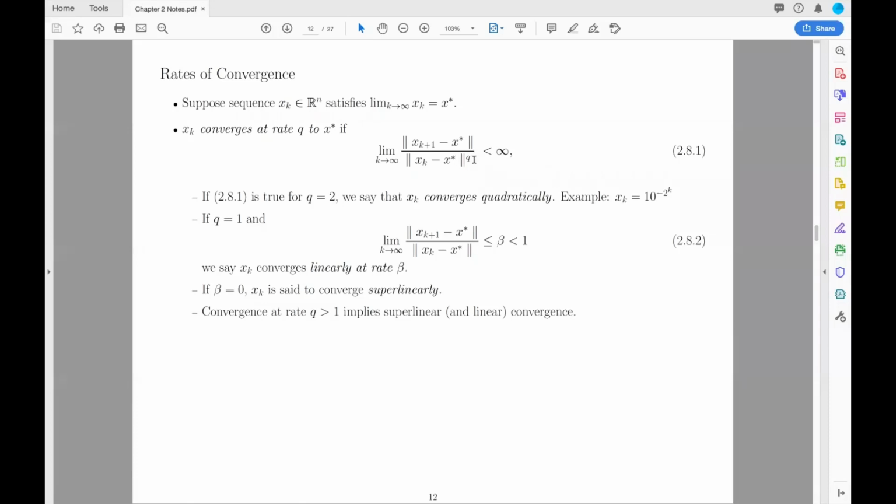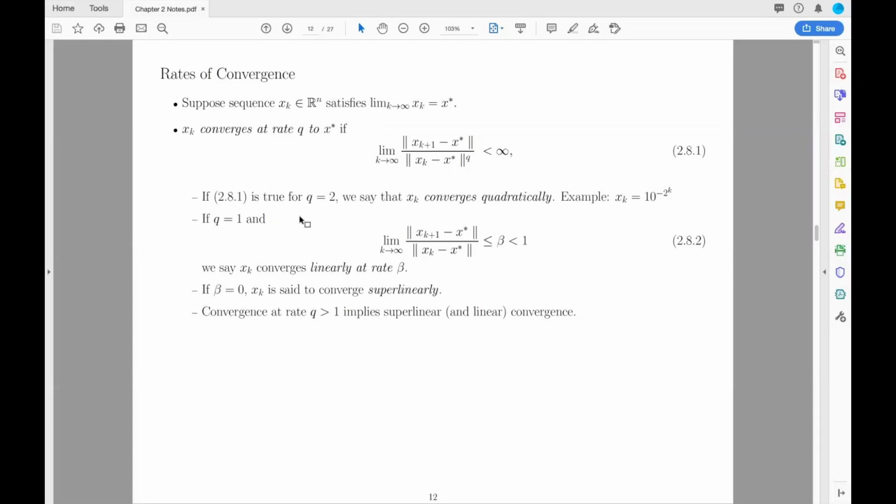For this to be true, the error of the current iterate has to be on the order of 1/100, because you square 1/10 and you get 1/100, and so this inequality forces the current error to be small relative to 1/100. This is quite rapid convergence. This is the kind of convergence that is available in Newton's method, the pure Newton method.